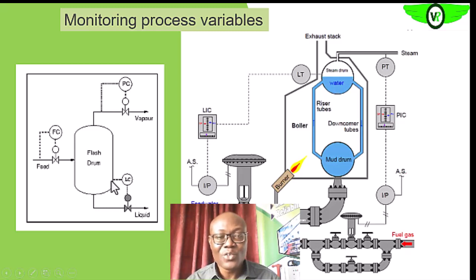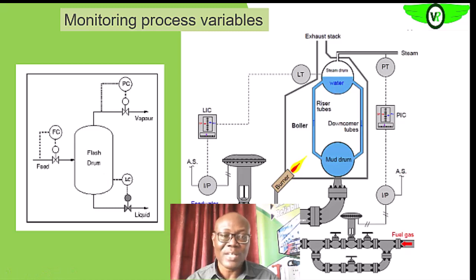Okay, so here we need the level sensor that senses the level, sends the signal to the controller that adjusts the final control element, such that when it gets to the required level, this valve will open up, and then we will remove some of the fluid from the bottom of the vessel.